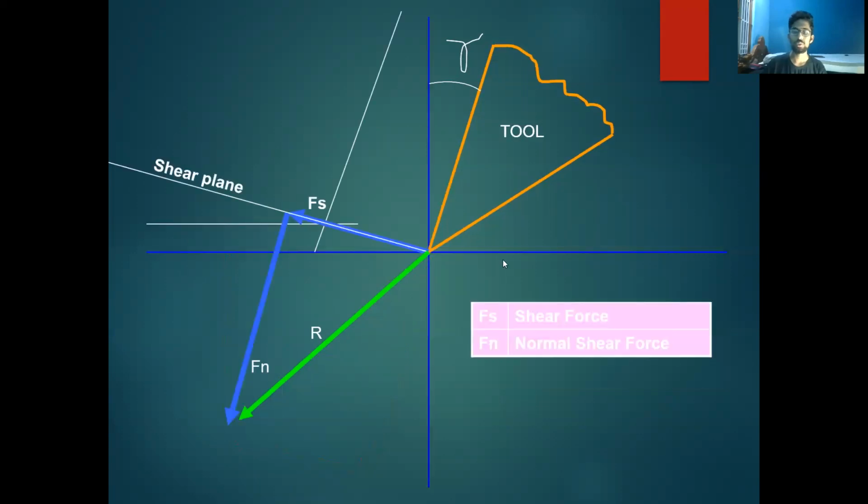Next, we are going to see the shear force, which can be obtained by using some of the formulas. Here it is mentioned as Fn, the normal shear force.